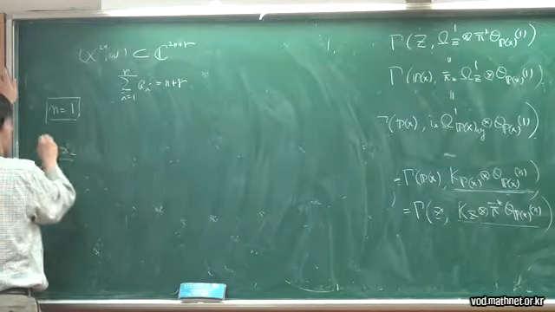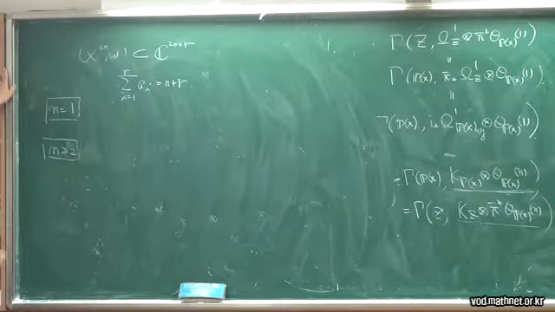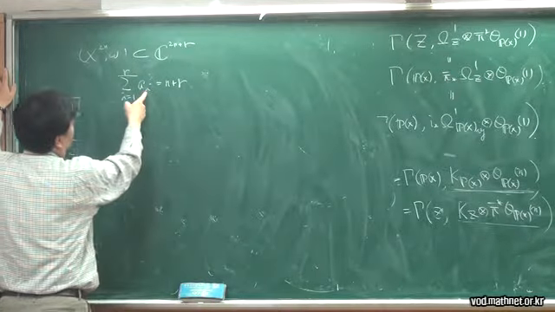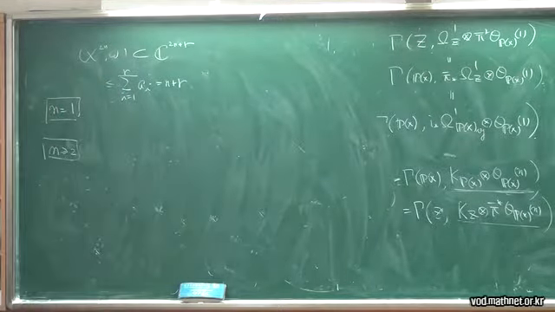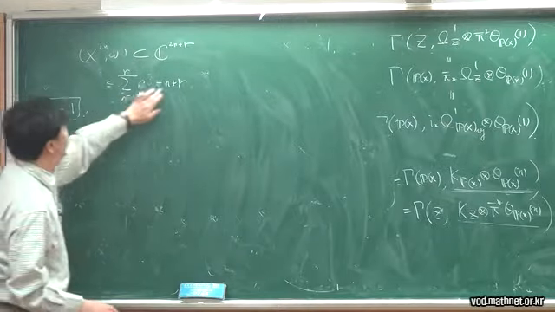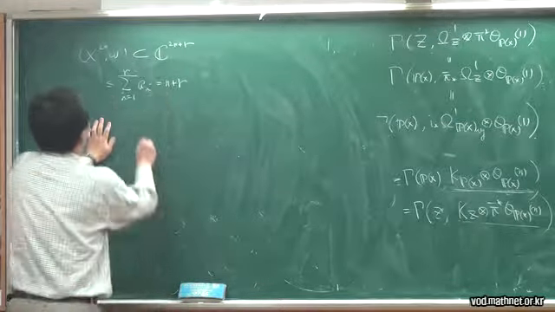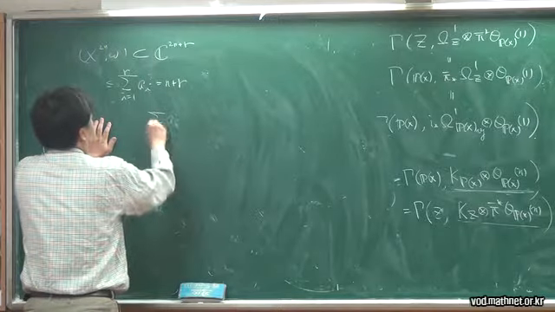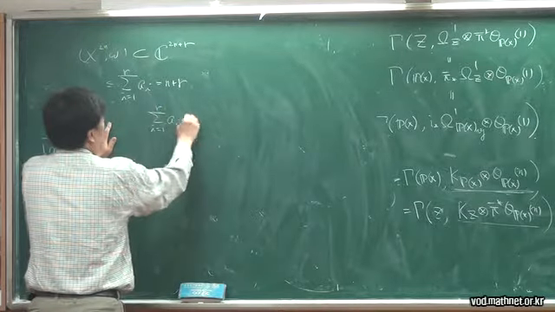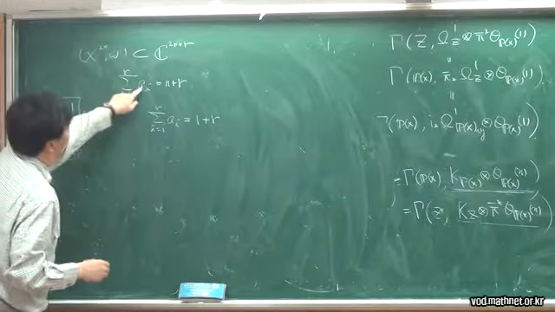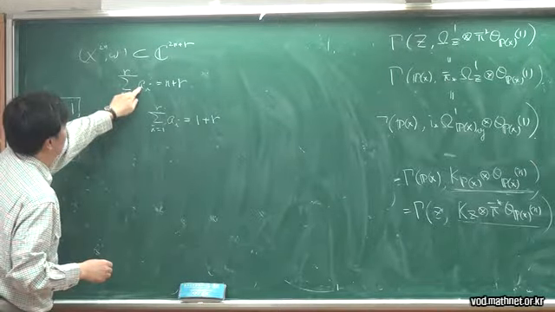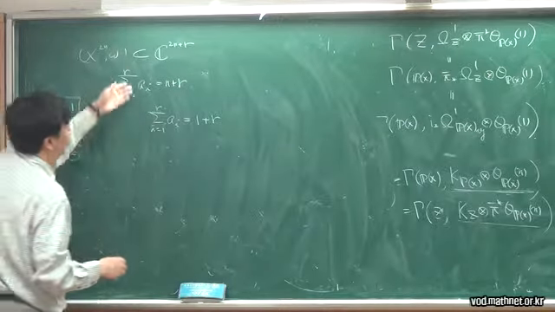If n is 1, then we have the following: R is 1 plus R. But each a_i is strictly positive, not less than 2.